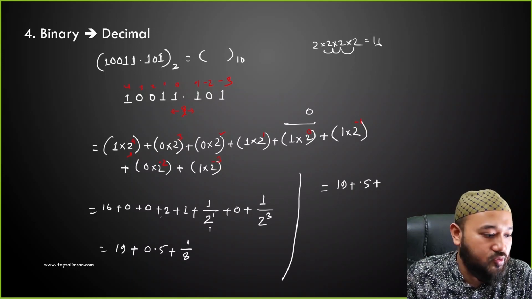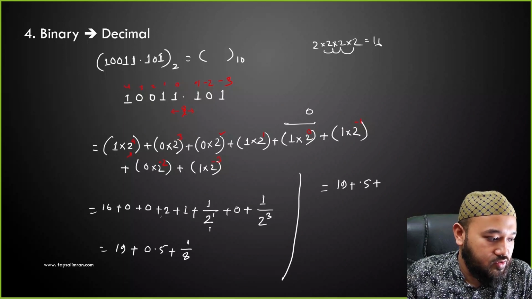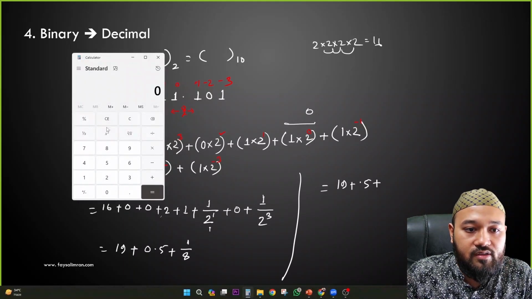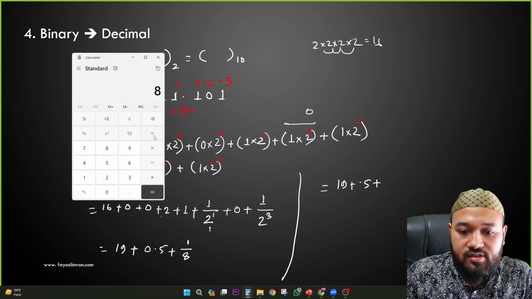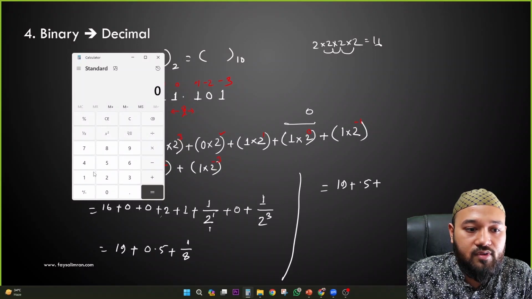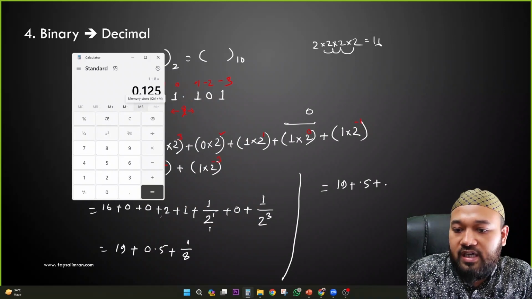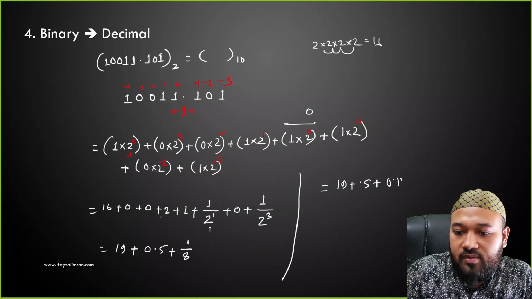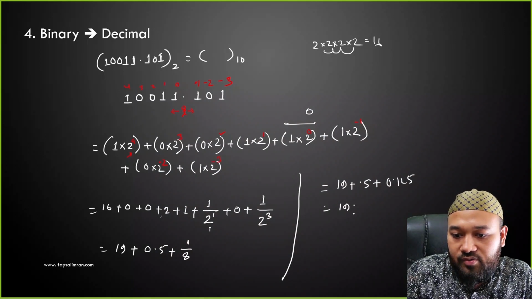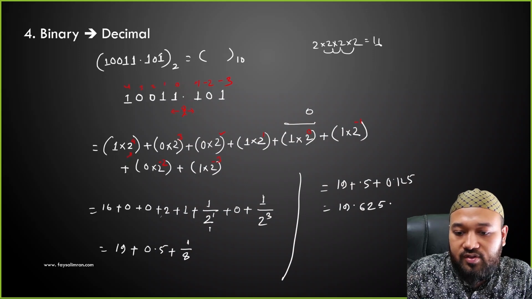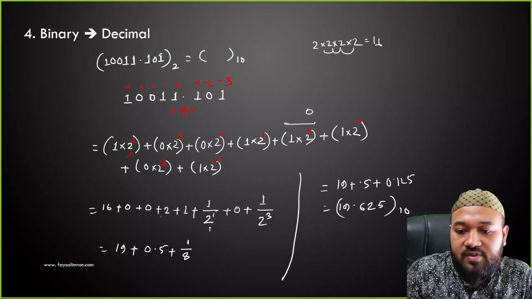Let's see, 1 divided by 8 is 0.125, right? If we add all of them, the result is 19.625. You can calculate it in your calculator. So 19.625 is our decimal number.